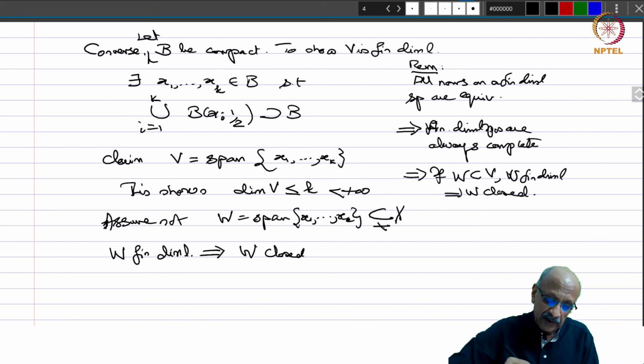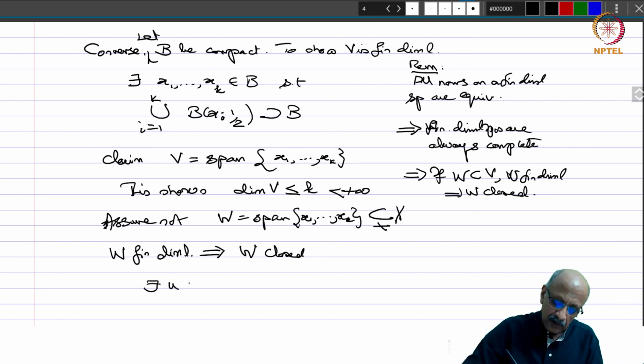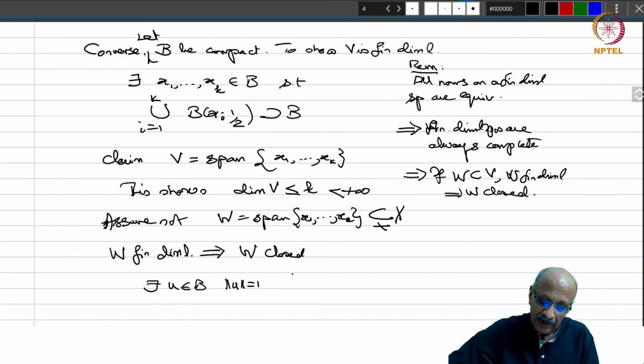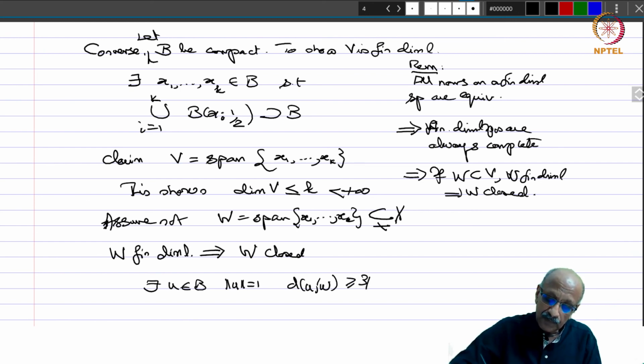So W is closed, it is proper. Therefore, by the Riesz lemma, there exists a u in B, norm u equal to 1, that is of course there, and in fact we have d of u, W is greater than or equal to 2 by 3. But this is a contradiction.